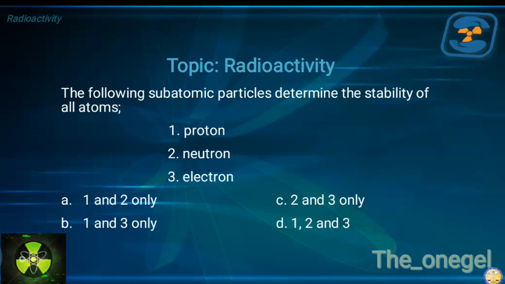The following subatomic particles determine the stability of all atoms. 1. Proton. 2. Neutron. 3. Electron. Is it letter A, 1 and 2 only? Letter B, 1 and 3 only? Letter C, 2 and 3 only? Or letter D, 1, 2, and 3?